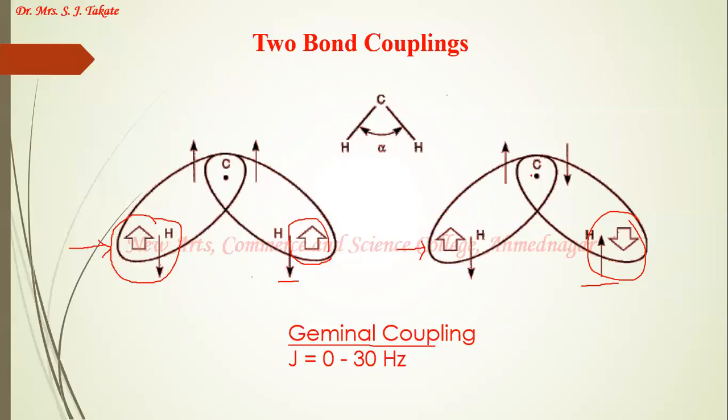Now the carbon atom which is present in between the two coupling nuclei is not going to affect the signal because this is not a spin active nucleus, this is carbon 12. It does not possess any spin, therefore it is not going to change the spin orientation.